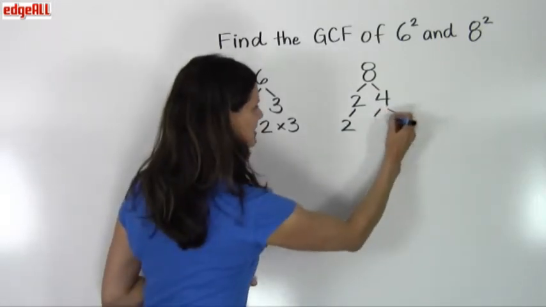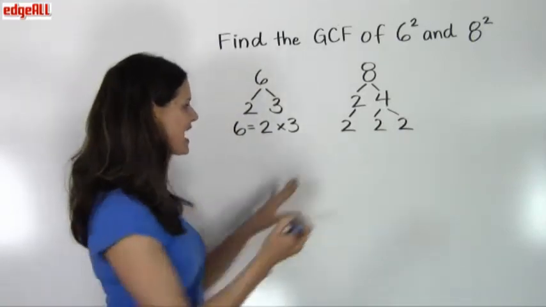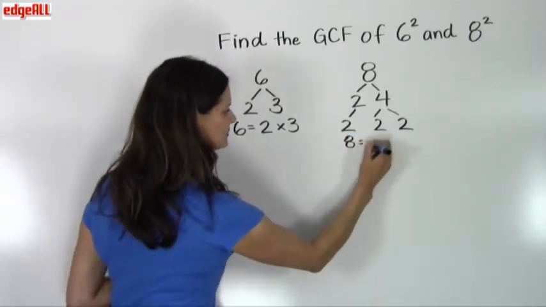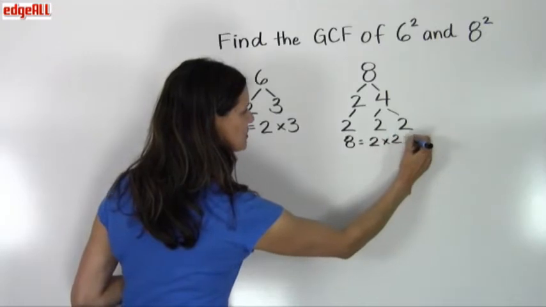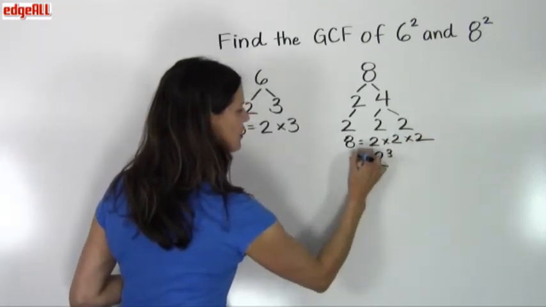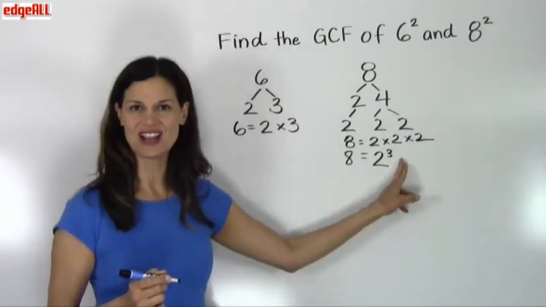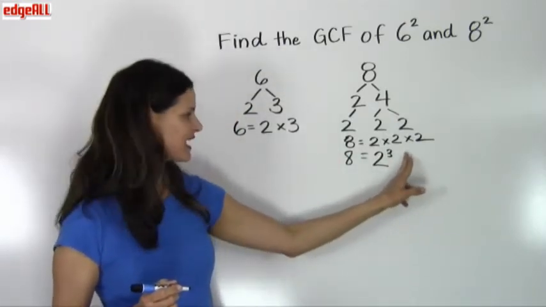So 8 equals 2 times 2 times 2, which equals 2 to the third power, or 2 cubed, we can say, or 2 to the power 3.